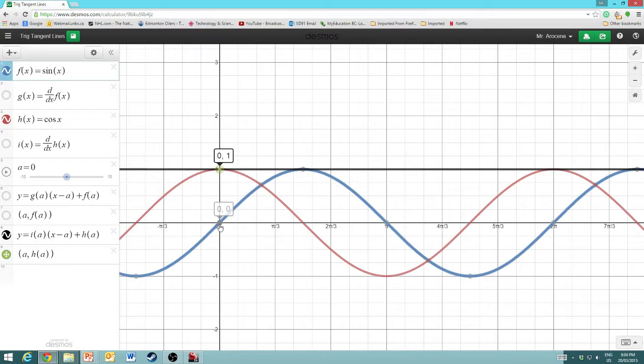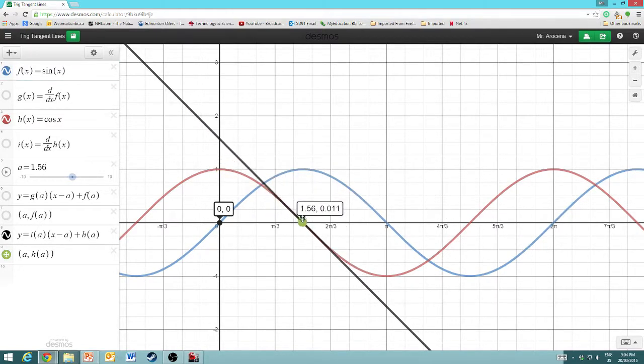And it turns out that the value of sine happens to be 0 at x equals 0. Interesting. Let's go on to pi over 2. At about pi over 2, give or take, the slope of the cosine function at that point looks to be about negative 1.